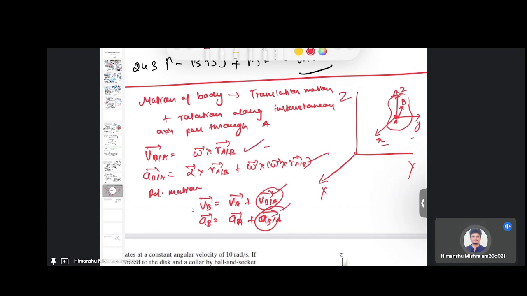But now there is a random point which is not located at the origin of the moving coordinate system. It is located at some random location B. So the velocity of B can be given with respect to the velocity of A, but for that we need to find the relative velocity of B with respect to A. So we will use these equations to solve the problem. It is a similar exercise, except we have to look for the velocity and acceleration of point A as well.